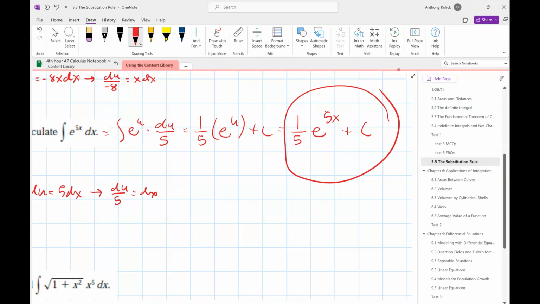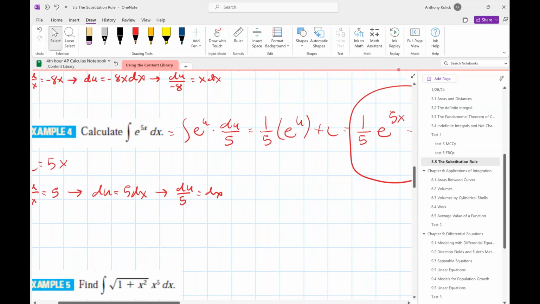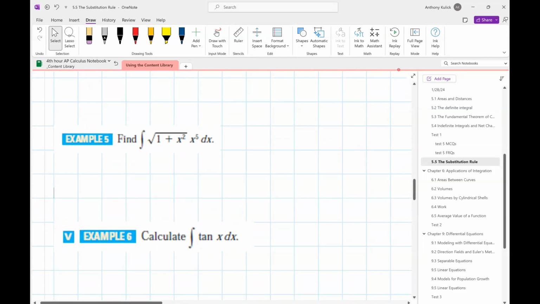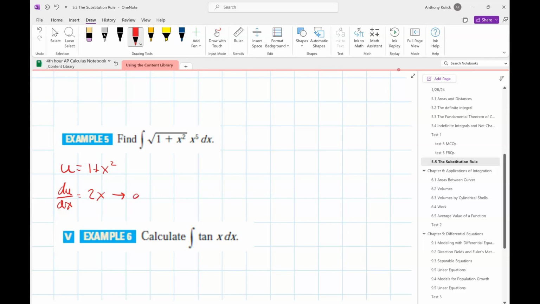All right, you ready for the tricky one now? Okay. What should our u be? Okay, 1 plus x squared. And du dx then is 2x. So what should du be?